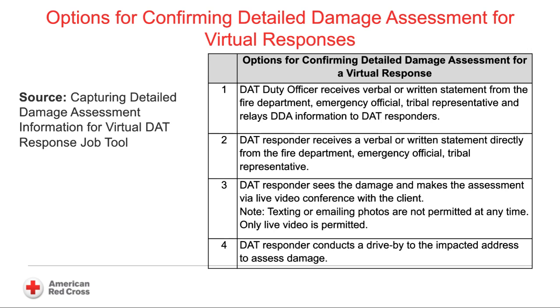And then I think the larger question at play here is whether there is a difference between the DA classifications for the different levels of events. Is there a difference in what would qualify as a major for a large-scale relief operation as opposed to a DAT response?